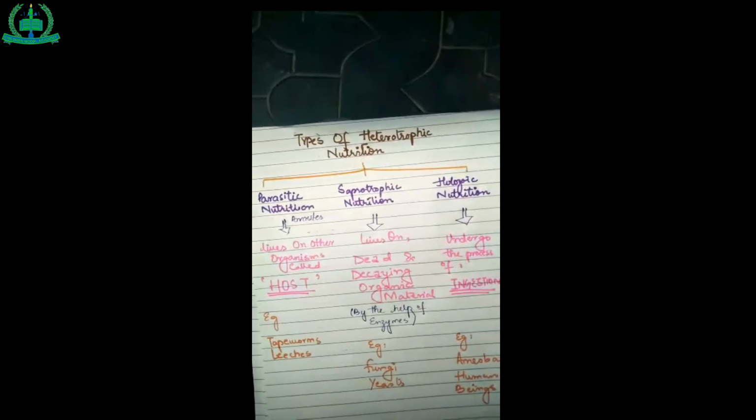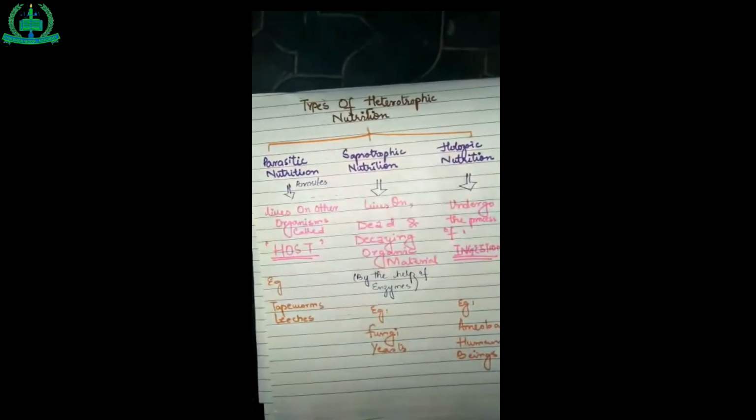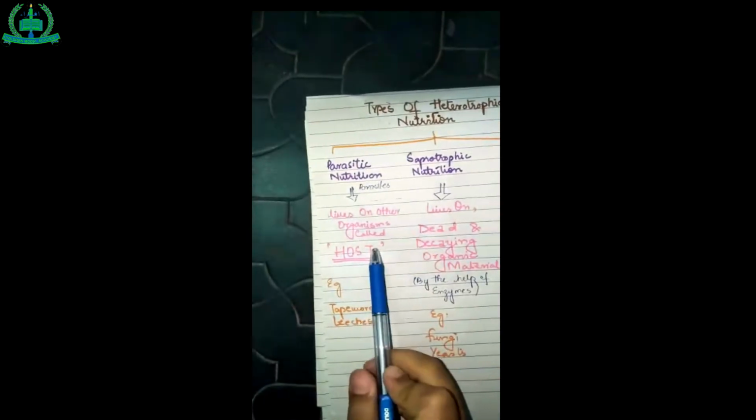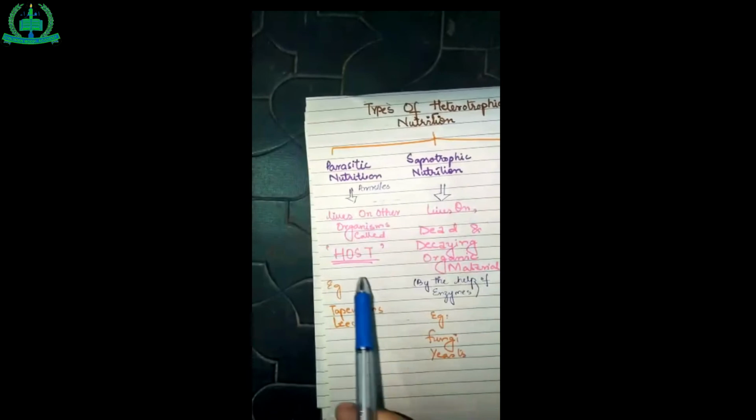So what do parasites do? They live on other organisms. They live on the body of other organisms, and the organisms on which they live are called the host. It is written in bold letters, host. Those organisms on the body of which they live are called the host.